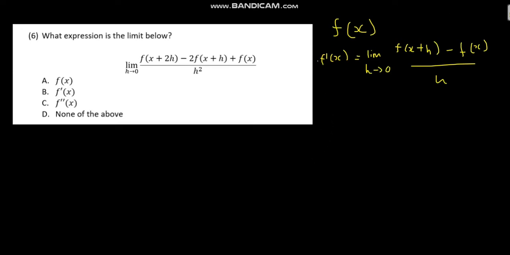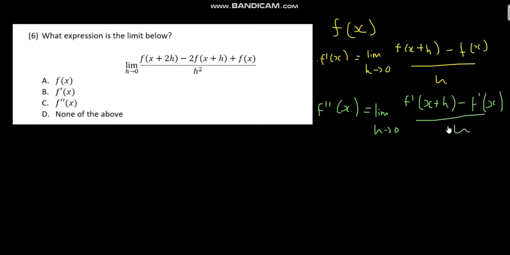For the second derivative also, it will be f double prime of x, and this will be the limit as h approaches 0 of f prime of x plus h minus f prime of x, all divided by h.